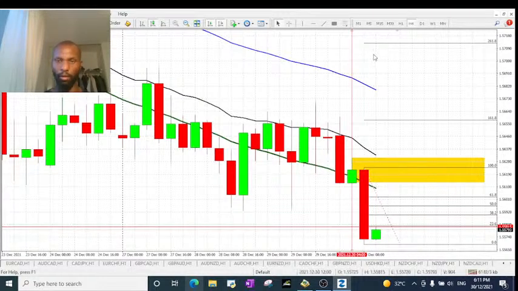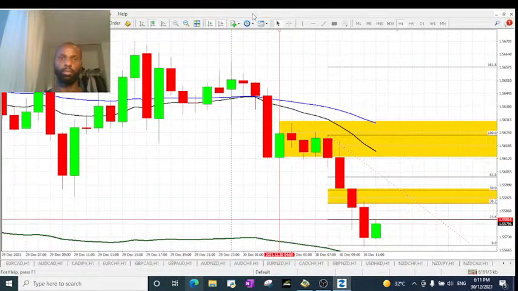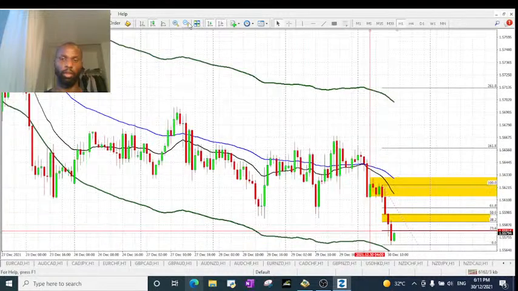So basically, we might get some opportunity today, but this trade might take a couple of minutes to set up.